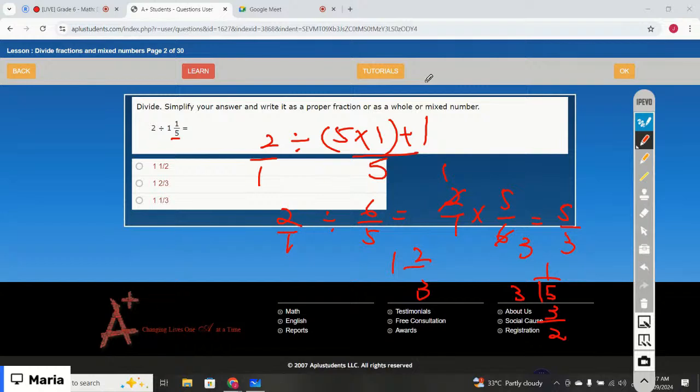So which is the correct option? Option number 2 is the correct option.